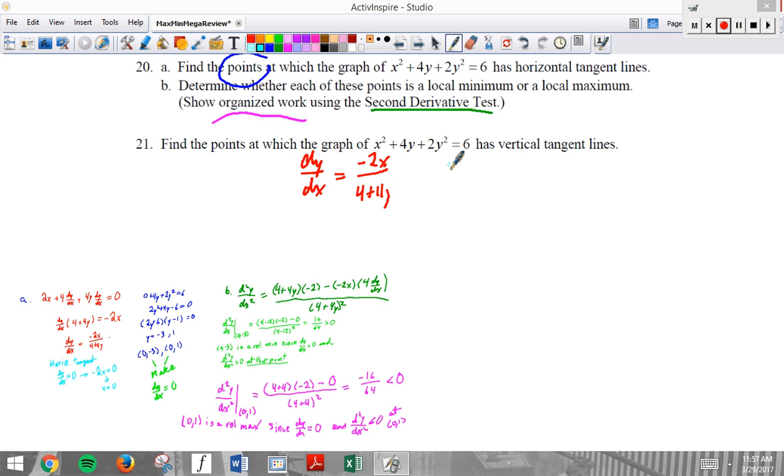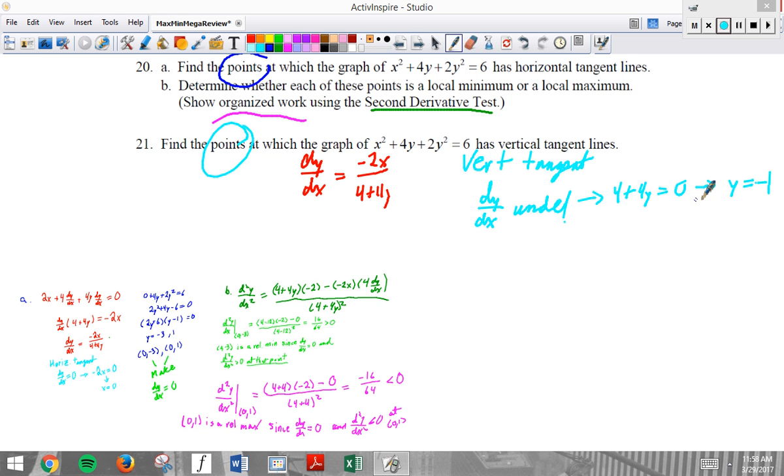what you do is you realize that vertical tangents would be places where dy/dx is undefined, which would be enough to make the bottom 0, 4 plus 4y equals 0, which would be y equals negative 1. And again, they want points.